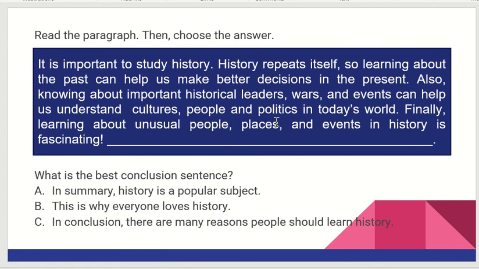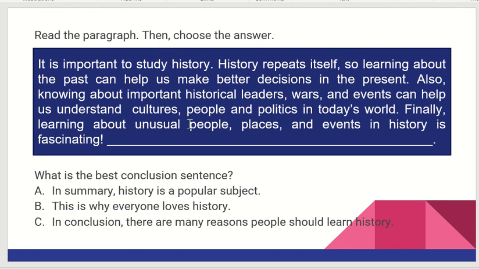Try to do this one. It is important to study history. History repeats itself, so learning about the past can help us make better decisions in the present. Also, knowing about important historical leaders, wars, and events can help us understand cultures, people, and politics in today's world.